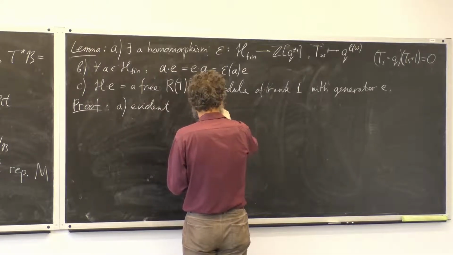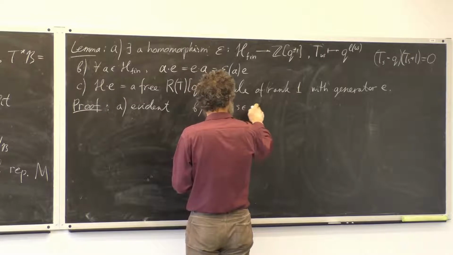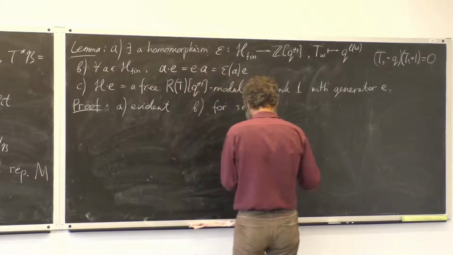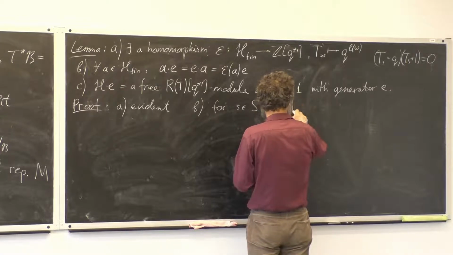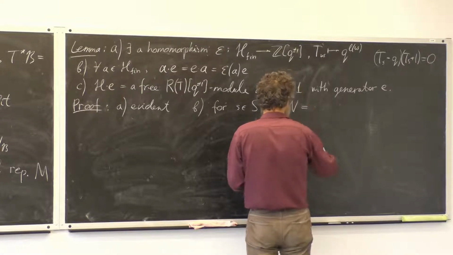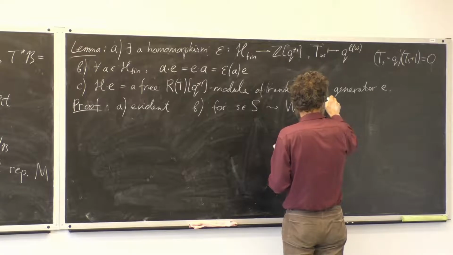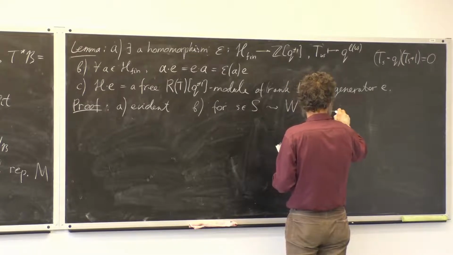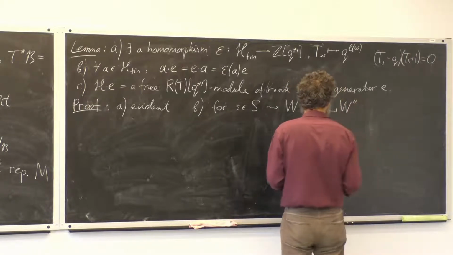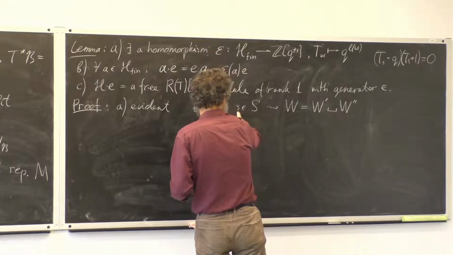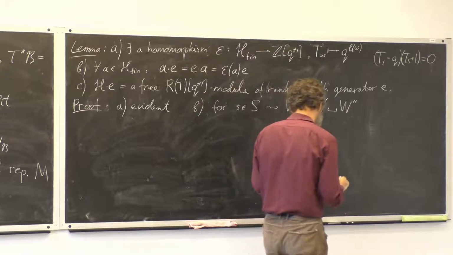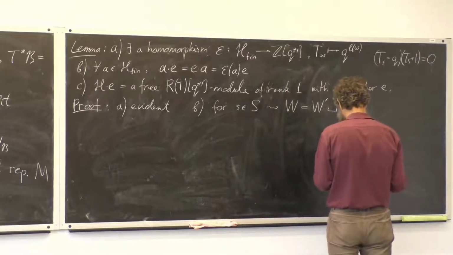So for a fixed simple generator, we have the splitting of the Weyl group into two cosets with respect to this symmetric group on one generator.